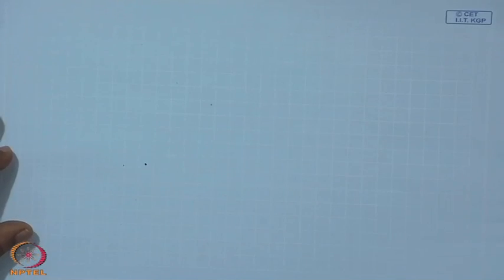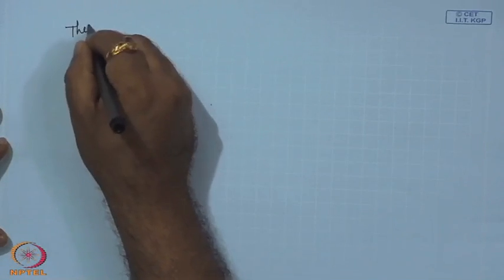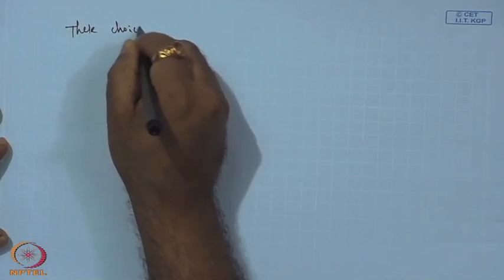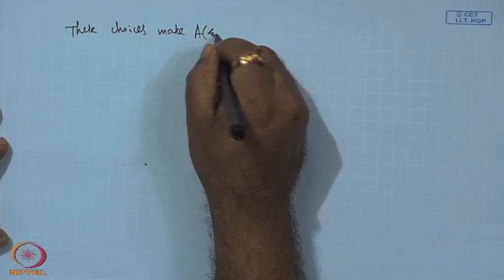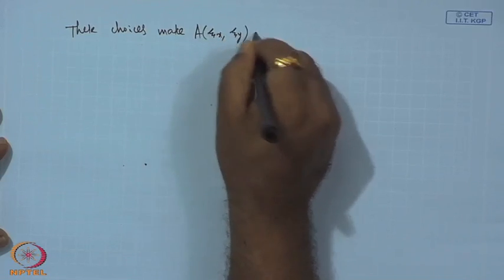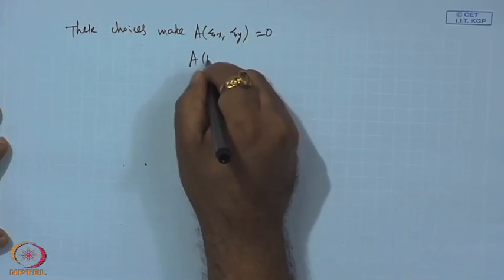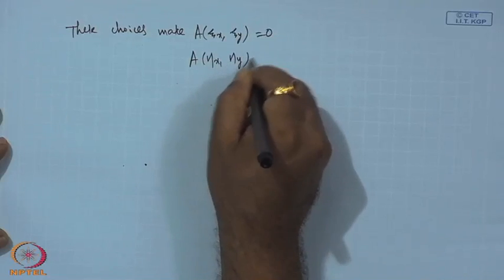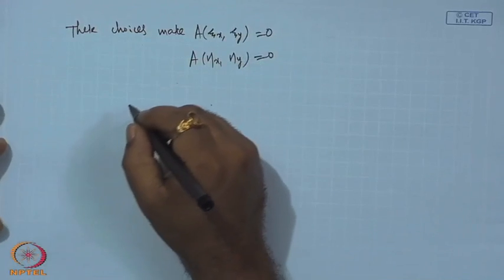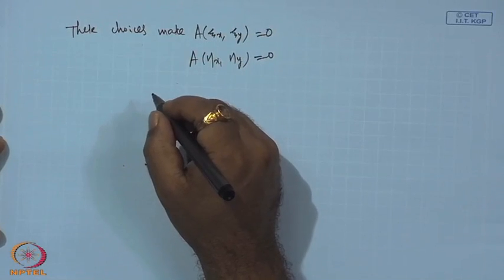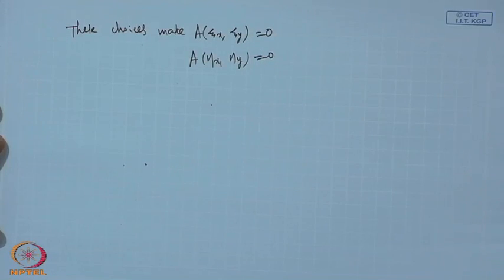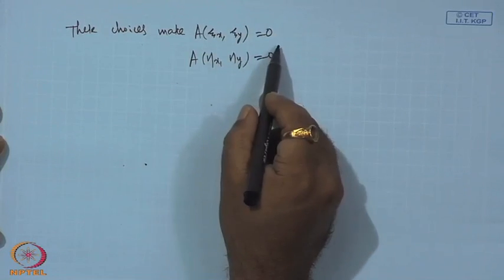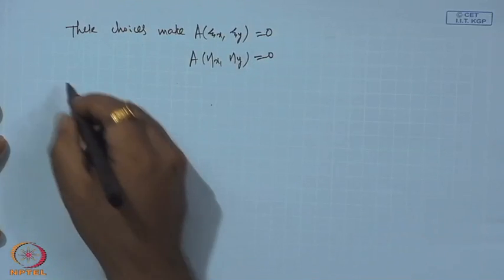So these choices will make these coefficients 0.